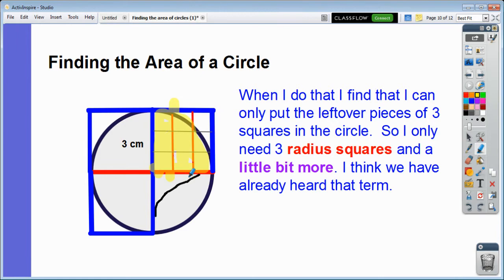So here's the leftover pieces from this square. Let's color that other square a different color. I didn't do too good of a job, but that's okay. I'll erase those a little bit right outside.